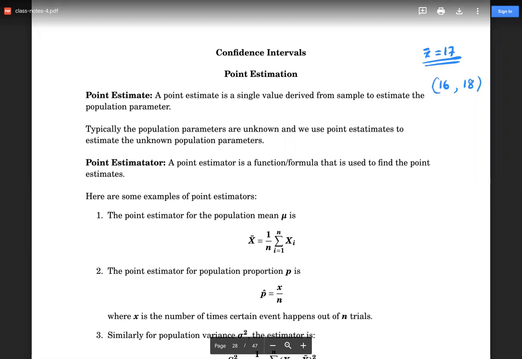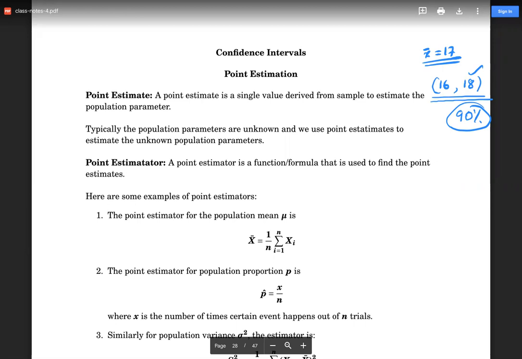And very likely the average number of hours students at Hartnell College study per week is going to fall between 16 and 18 hours based off of my calculation. How confident are you? I am 90% confident. That means a 90% likelihood that your interval actually contains the true average number of hours that Hartnell College students study.